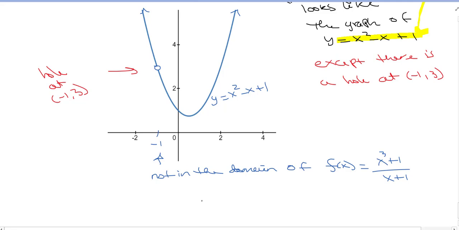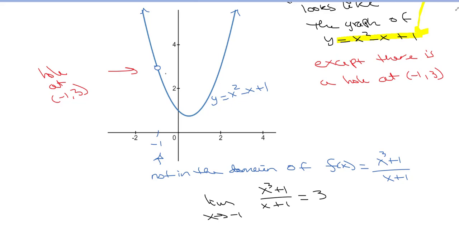So when we say that the limit as x goes to -1 of our function equals 3, that means as x approaches -1, the y value is approaching 3. It doesn't equal 3, right? The function value doesn't equal 3 because -1 isn't even in the domain, so there's no y value there. But the limit allows us to find what the y values are doing. What are we approaching? What are we near?